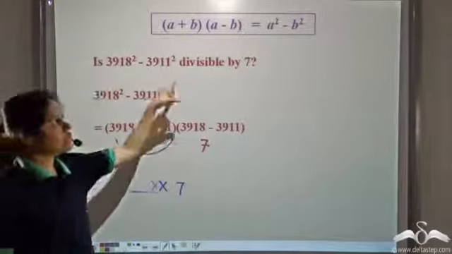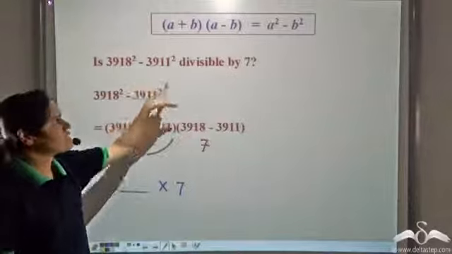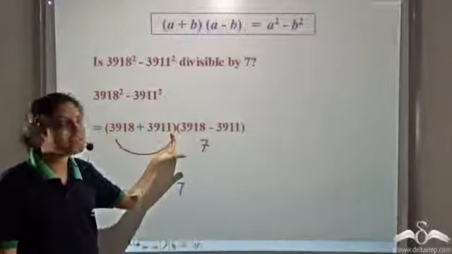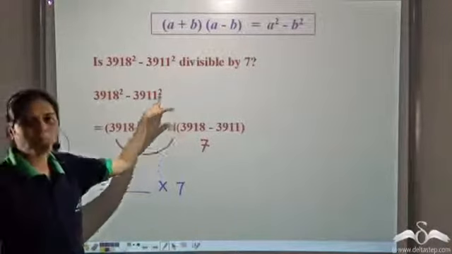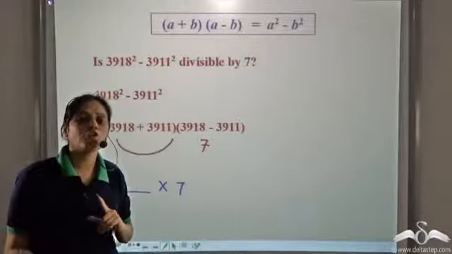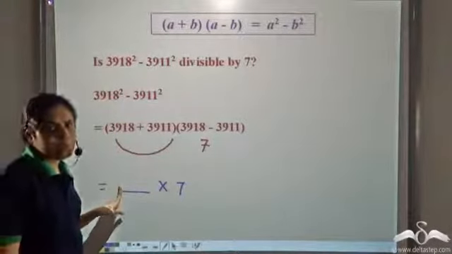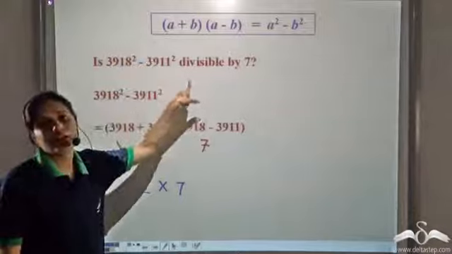So the answer to this question is yes, this is divisible by 7. But the point which I want to make here is that a complex looking problem which involves a lot of calculations can be done in a very simple manner if we use the correct identity.